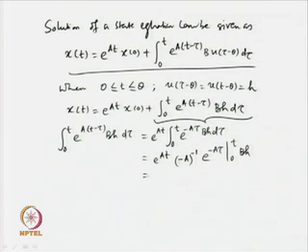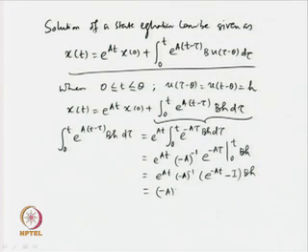Then it can be simplified as e to the power a t minus a inverse. Then we will have two terms now. With the limit t we get e to the power minus a t, and with the limit 0 we get I, with b h.